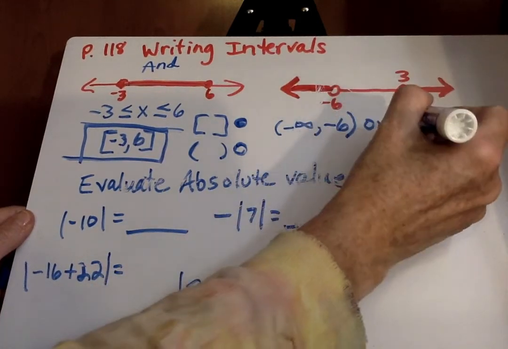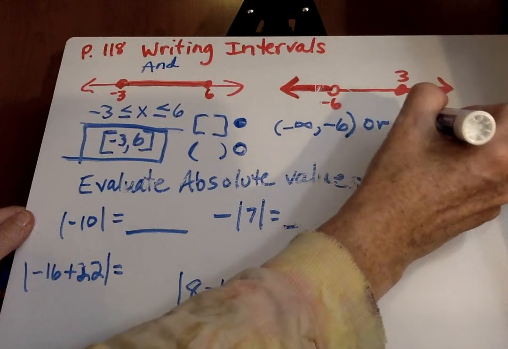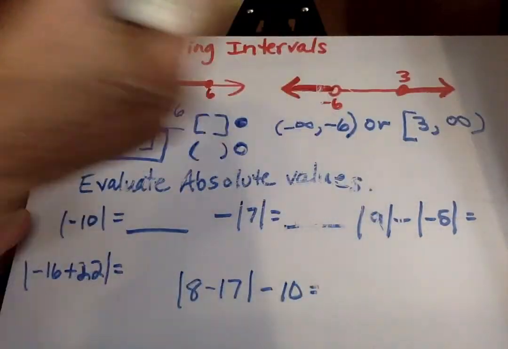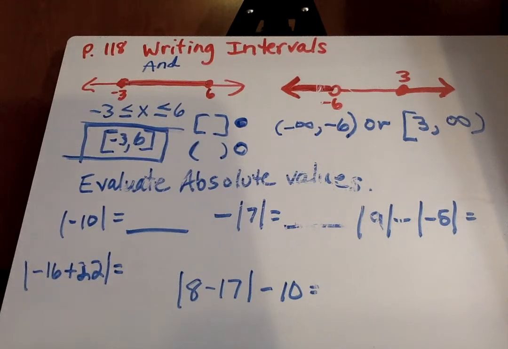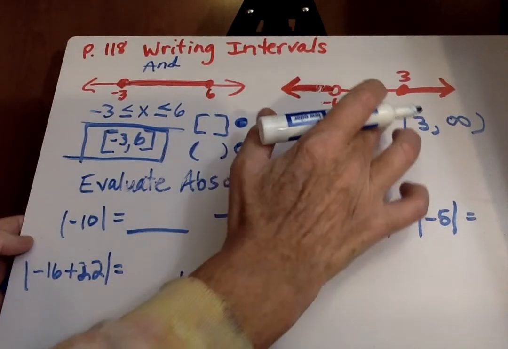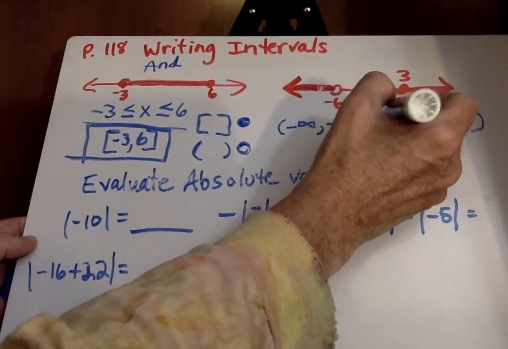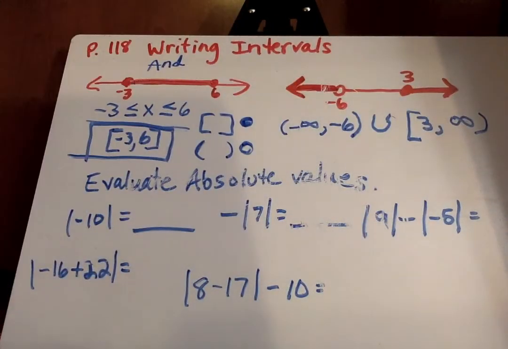Now, does it include 3? Yes, so it's a bracket. And the interval between 3 and infinity. So there's interval notation. And actually, they like you to use union between the two, because it's one union the other.